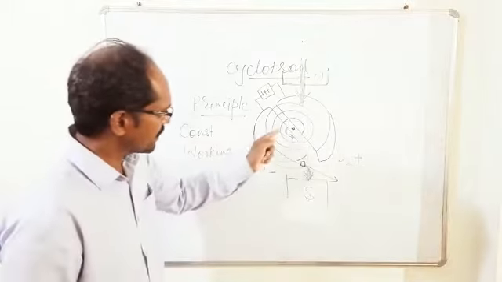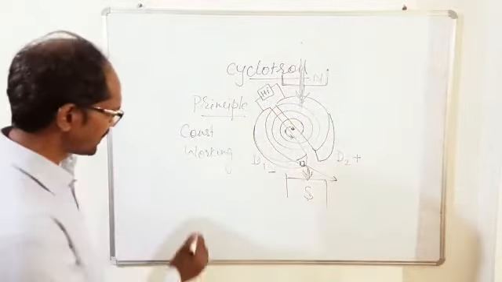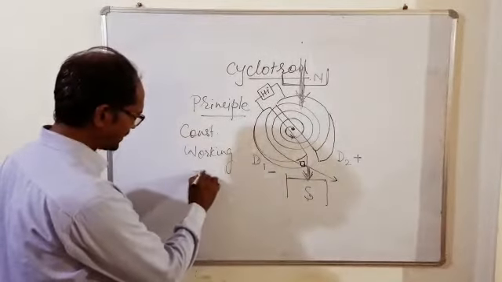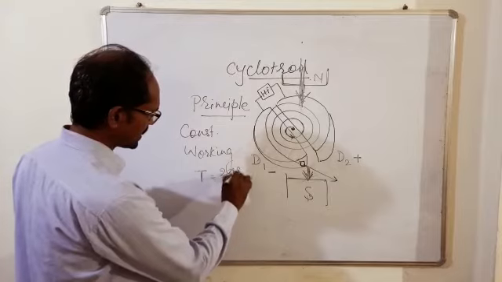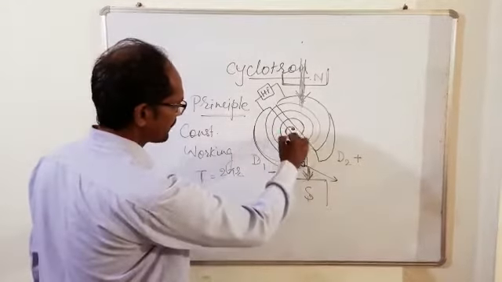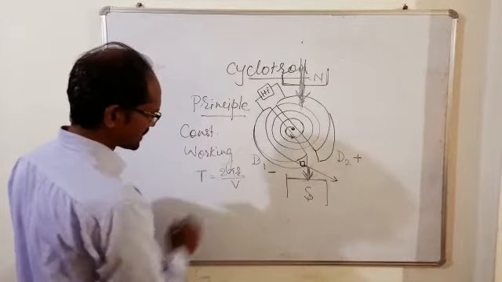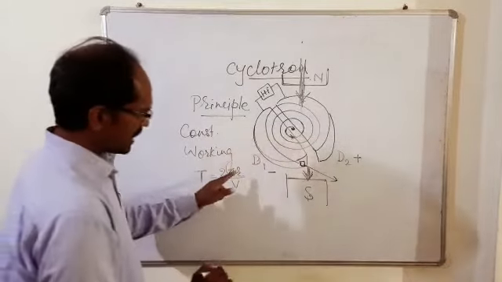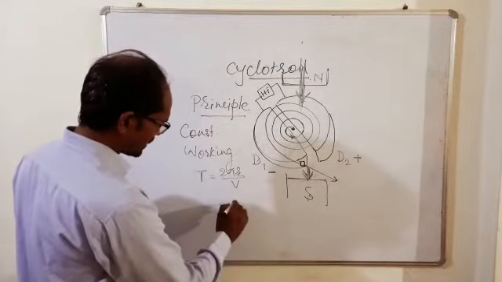And what is the frequency of rotation of this cyclotron? That we'll find here. First we will find the time period formula. Time is equal to 2 pi r upon v, where r is the average value of radius at any instant, and v is the velocity. And what is the value of this r?